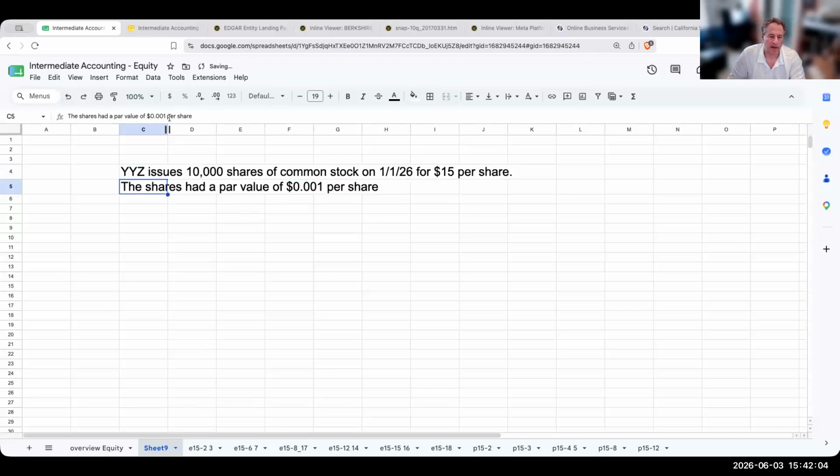The shares have a par value of 0.001 per share. Prepare the journal entry to record the transaction.